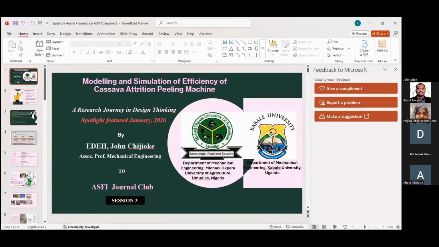These were our motivations, and that led us to look at peeling efficiency in relation to the input parameters that can influence it. So we studied these input parameters, and how to navigate around and overcome them so that it favors and improves peeling efficiency, which is our target.